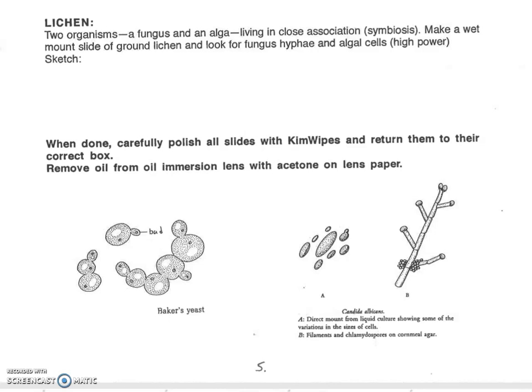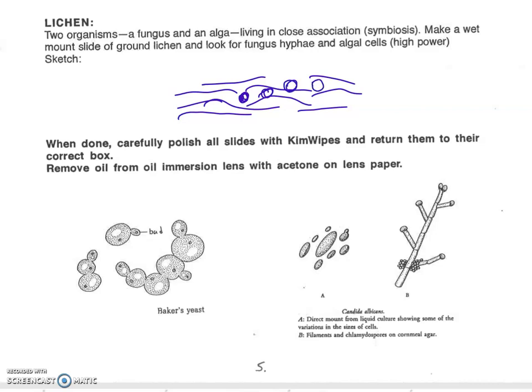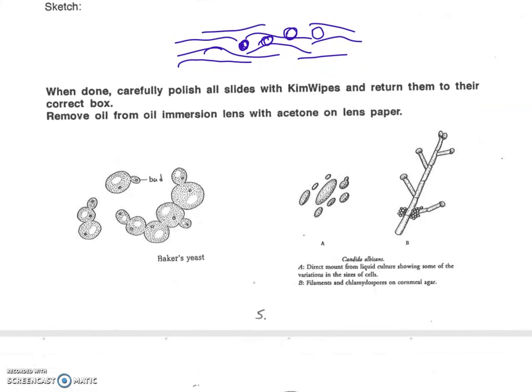And you should Google a lichen, and then make your own drawing where you should find this filamentous growth of the fungus, and then embedded into that would be the green algae cells that have a place to live in the filamentous growth of the fungus. The algae cells photosynthesize and provide food for both of them. And here are some sketches.